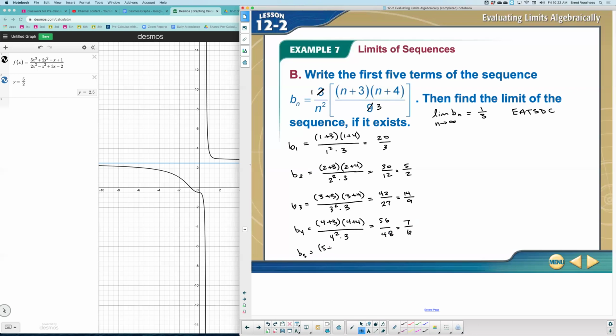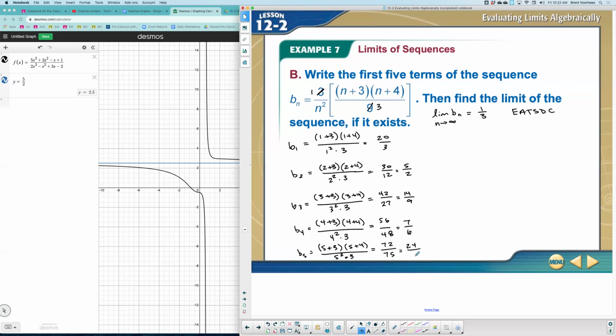And now last term, the fifth term, 5 plus 3 times 5 plus 4. That's 8 times 9, which is 72, over 5 squared is 25 times 3 is 75. So we're finally now underneath 1. 3 goes into both of these numbers. 3 goes into this 24 times.